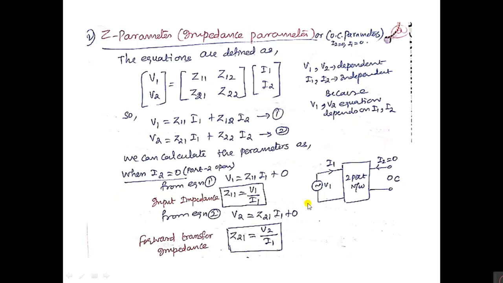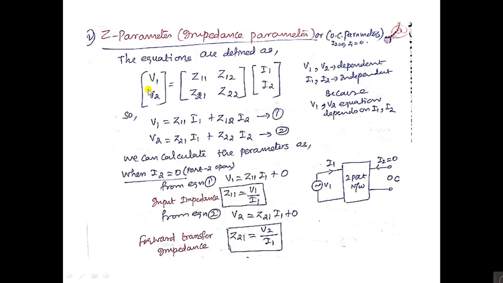Now we are going to discuss the first one, Z parameter, named impedance parameter or open circuit parameter. When you find Z11, Z12, Z21, Z22, at that time we are opening the port, I2 equal to 0, I1 equal to 0. This is the standard matrix form for Z parameter.